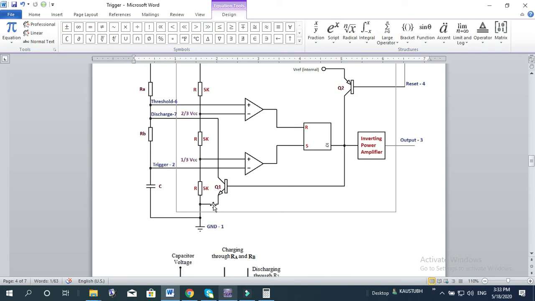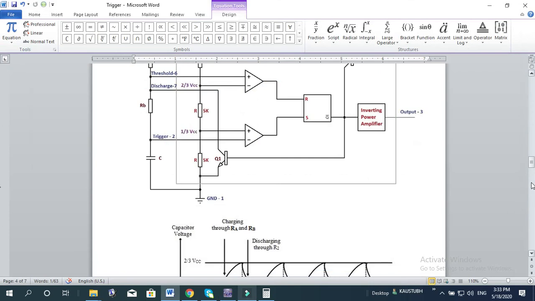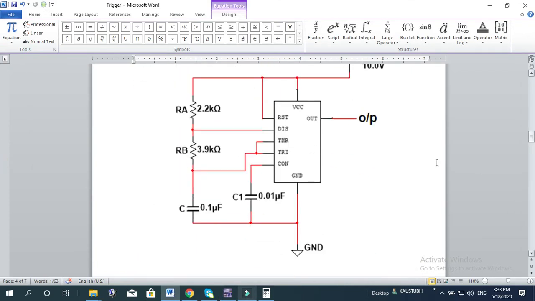Extra current is supplied to this Q1 transistor, and slowly this Q1 transistor will get damaged because of the high current flowing through. And once this Q1 transistor gets damaged, this timer will get damaged soon. Okay, so that is why we simply cannot put RA as 0 to make this a perfect square wave oscillator.